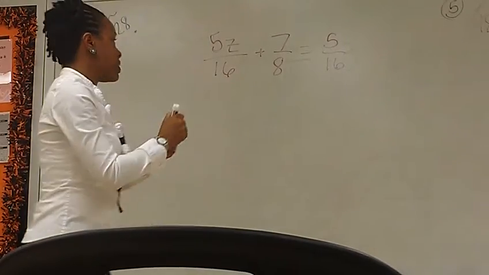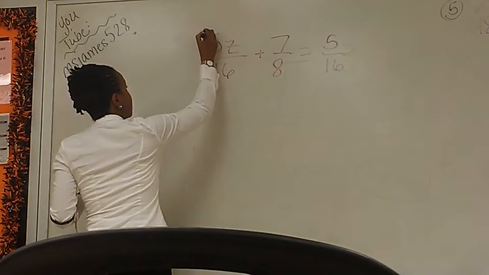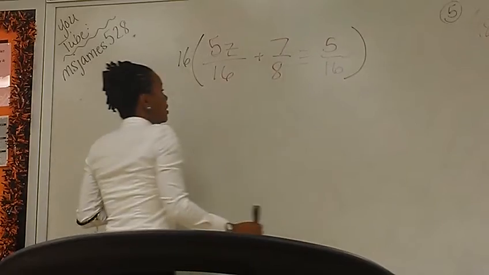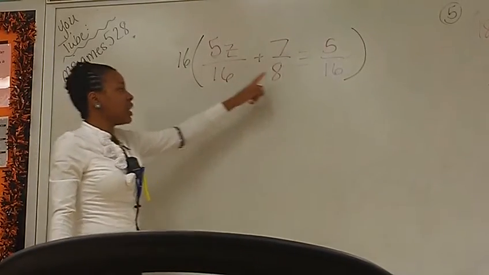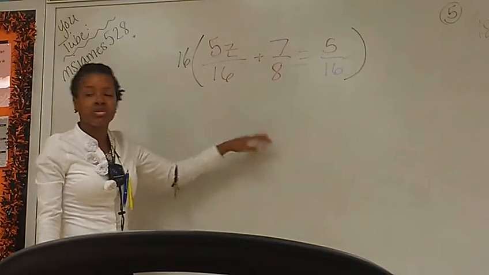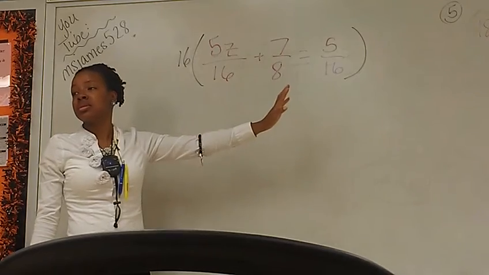16. Very good. So we're going to multiply the whole shebang by 16. The least common multiple is the number that all the denominators share. If you made a times table list for each denominator, what number would you see in each list?